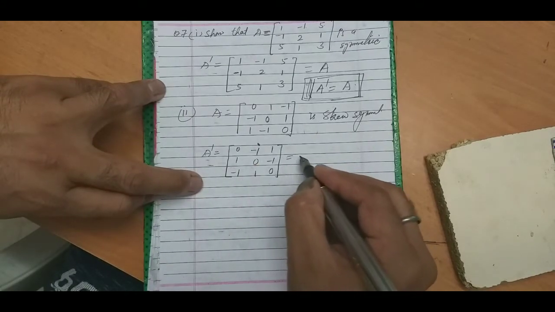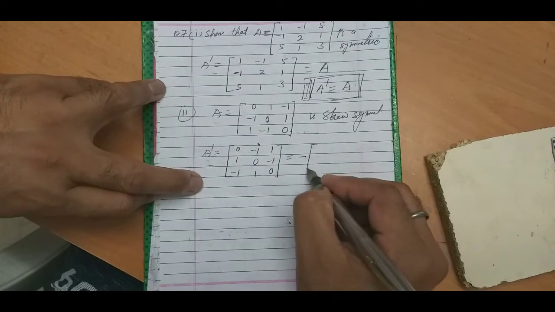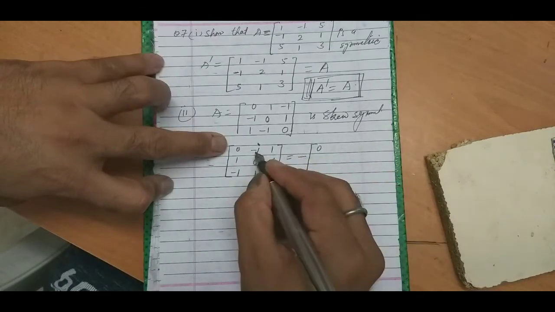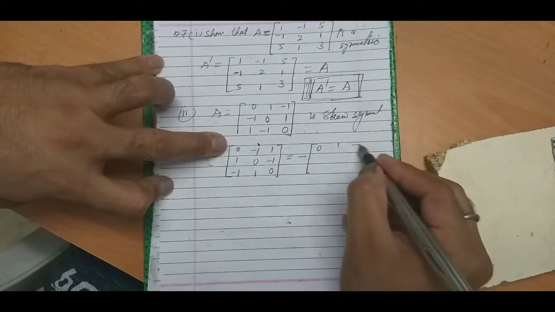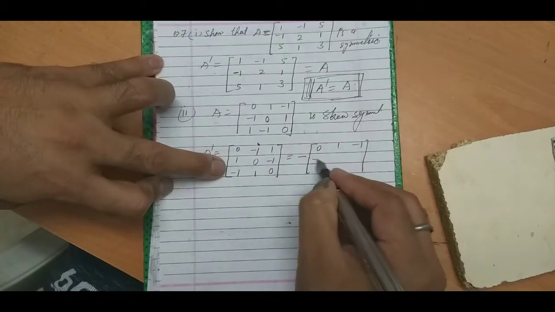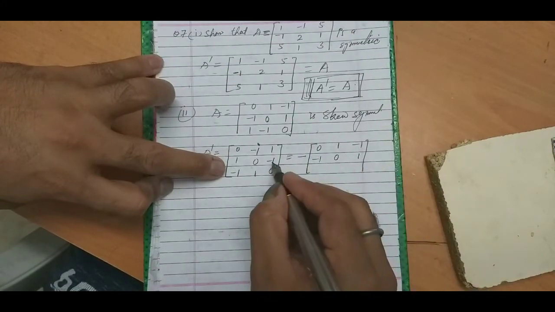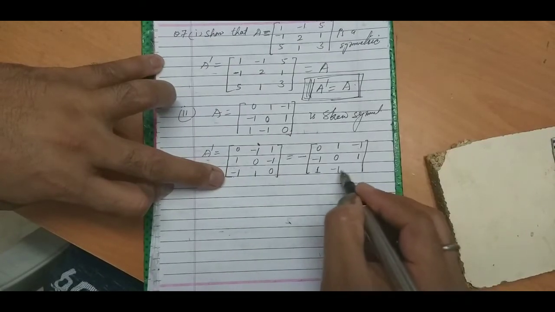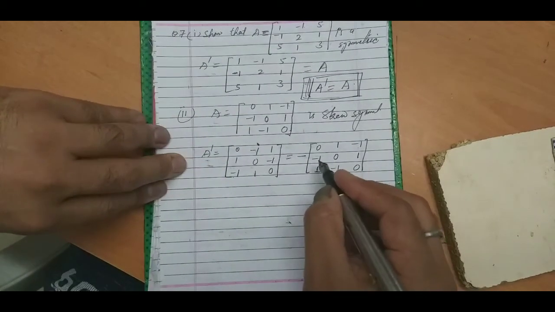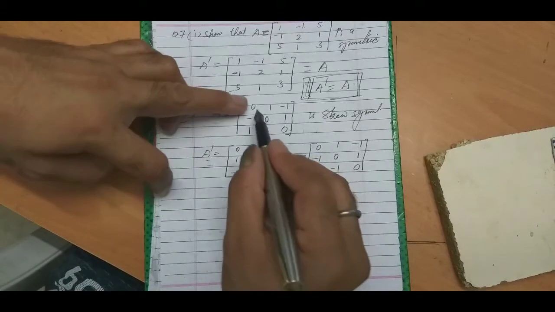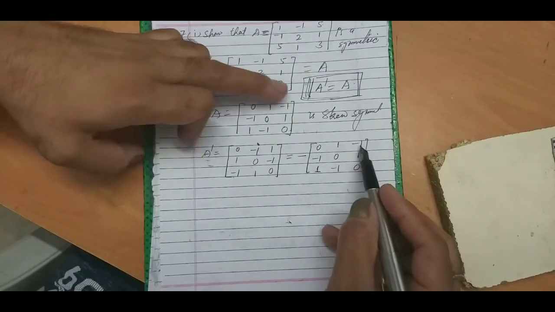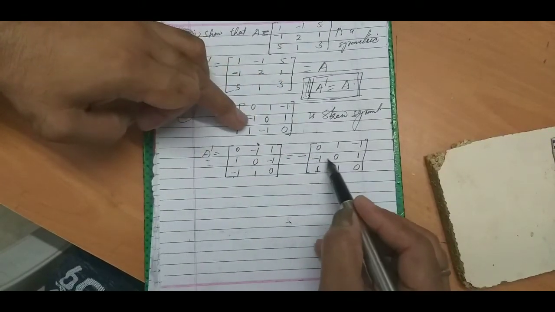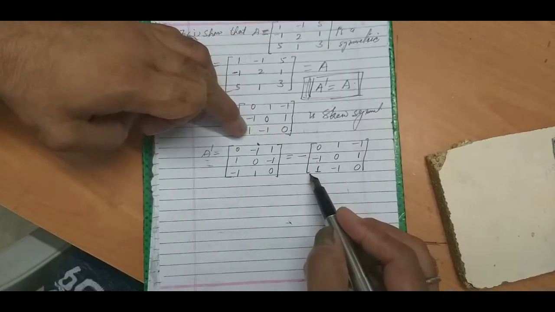Now let us take minus common out of this matrix. So 0, minus common, plus 1, then minus 1, minus 1 0 plus 1, this one, and this will become plus 1, then minus 1 and 0. Let us compare this matrix with the old one. 0 1 minus 1, minus 1 0 plus 1, 1 minus 1 0.